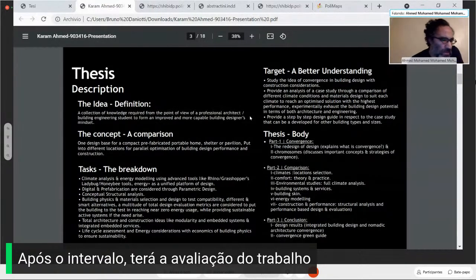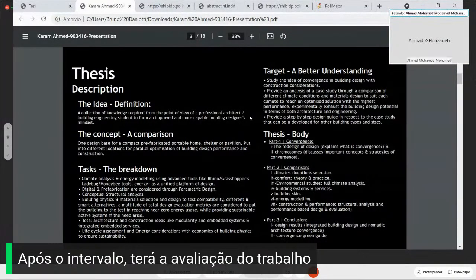The target was to study the idea of convergence in building design, considering construction and operation considerations, like the lifetime of a building, from design to operation, and even demolition and maybe retrofitting along the path. So it goes into everything, generally speaking, about lots of fields of how a building should be designed.